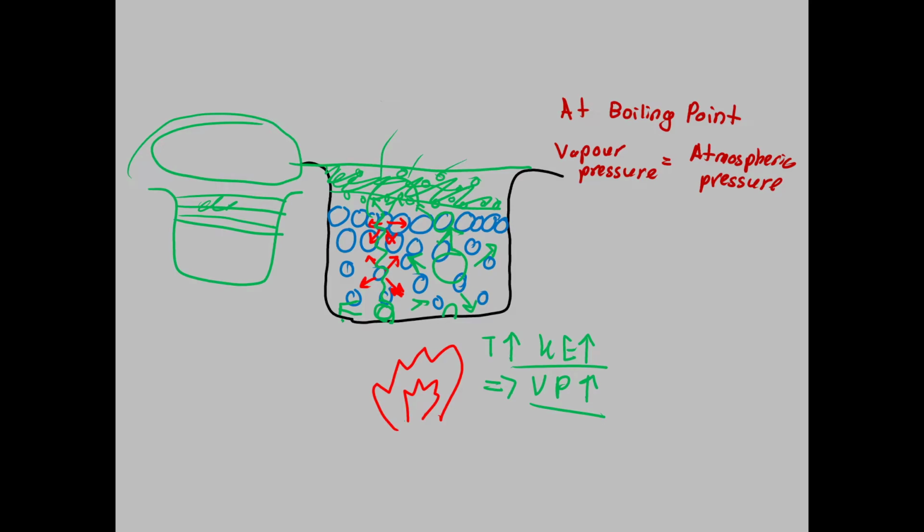Ataupun one other thing that we can do is have a lower atmospheric pressure. So kalau lah pressure yang tekan you punya molekul daripada keluar rendah, it will be easier untuk all this molecule keluar as vapor pressure and thus in turn boil kan.